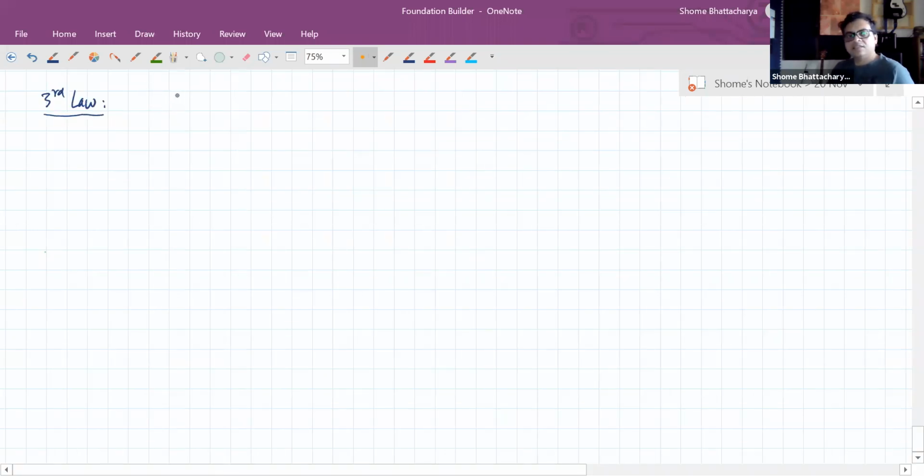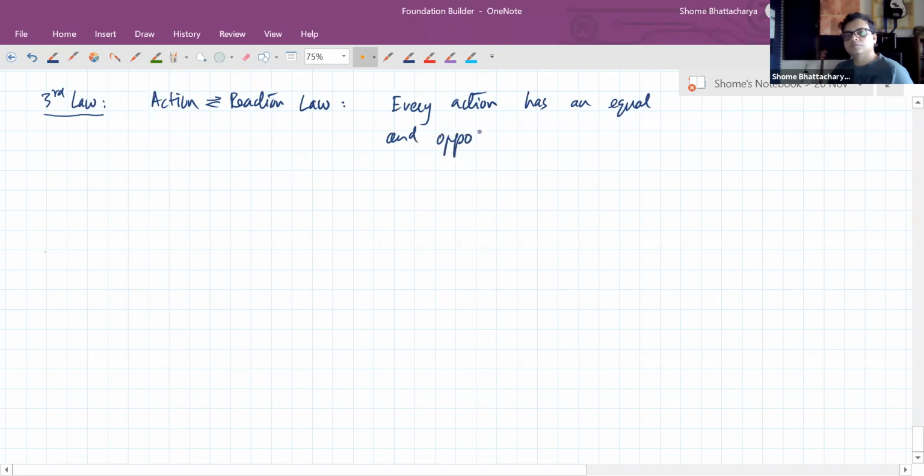This is called the action reaction principle. That every action has an equal and opposite reaction.